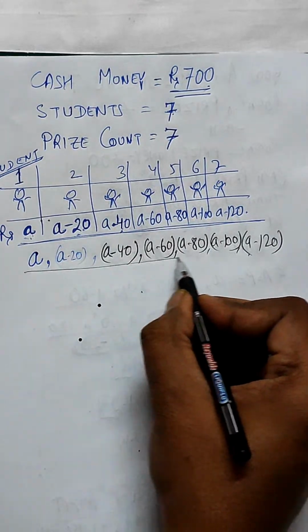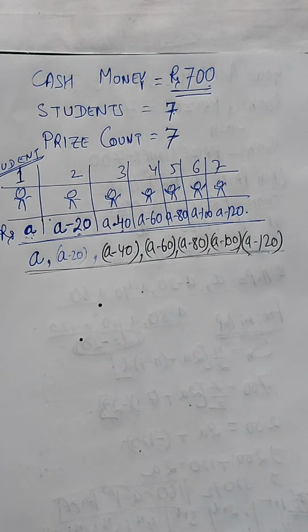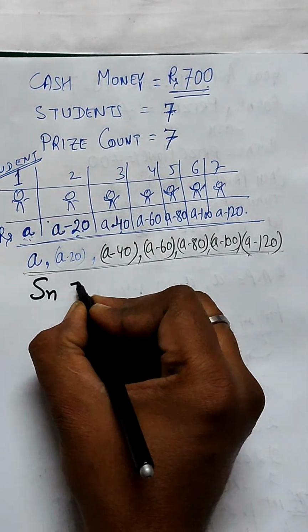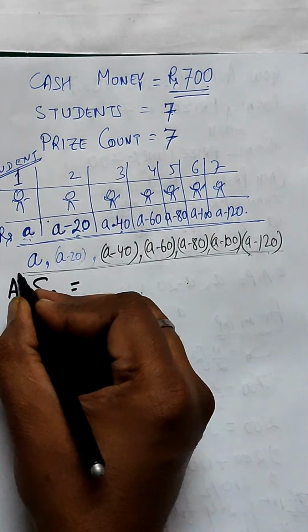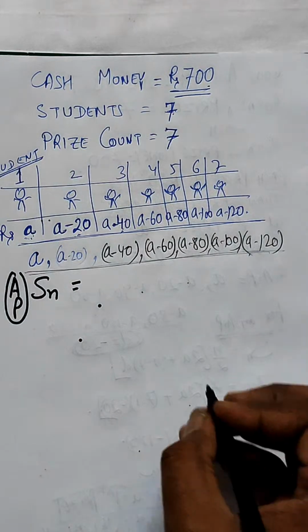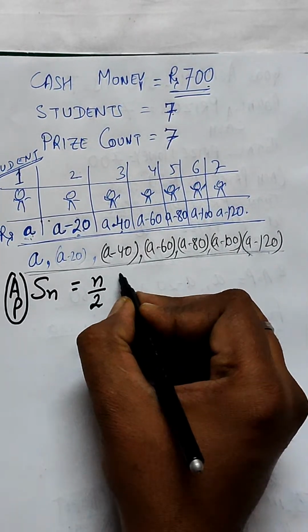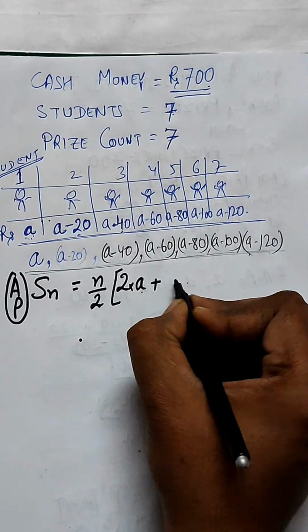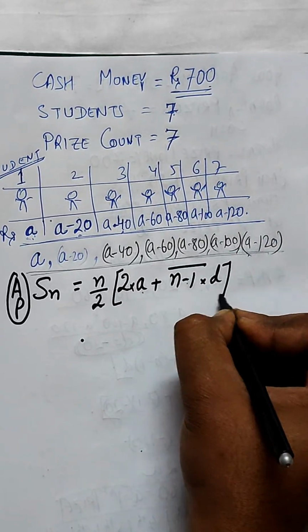So for this AP, you know the sum of the AP. What is the formula? For n terms of an AP, the sum is given as n by 2 into 2 times A plus n minus 1 into D, right?